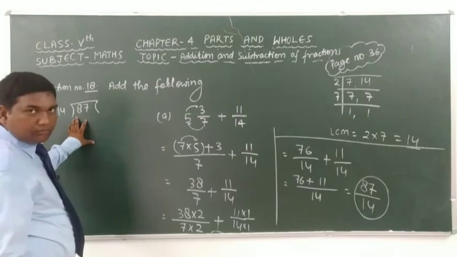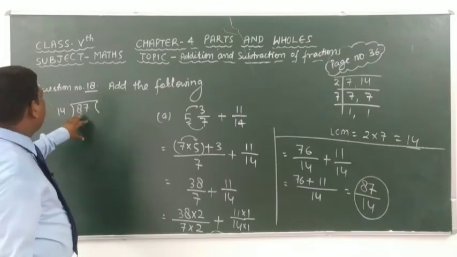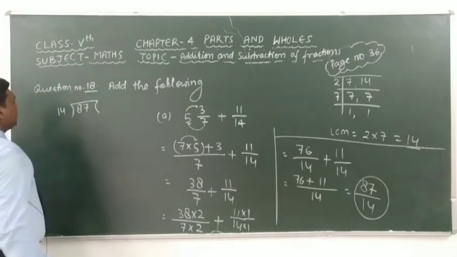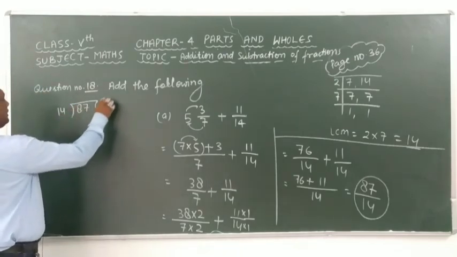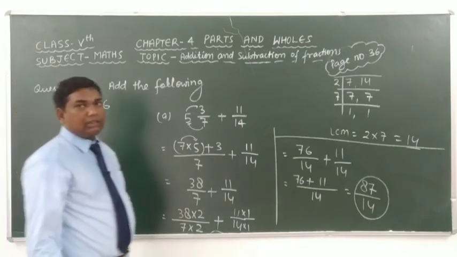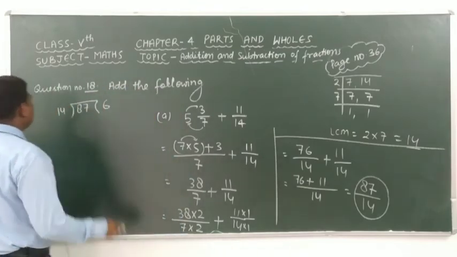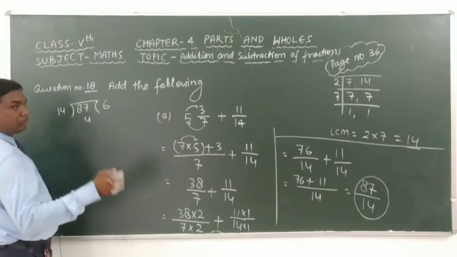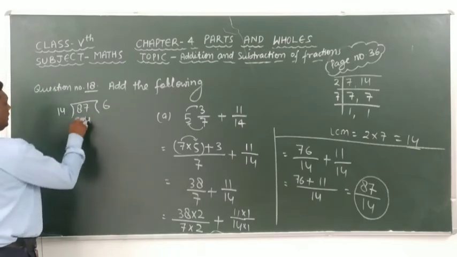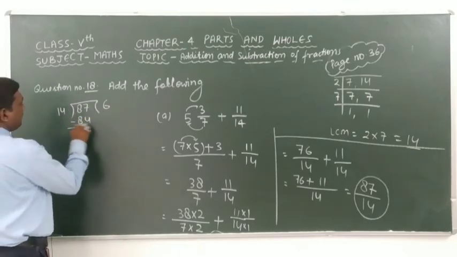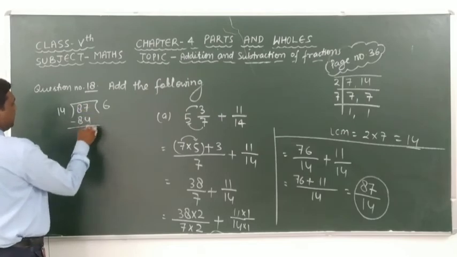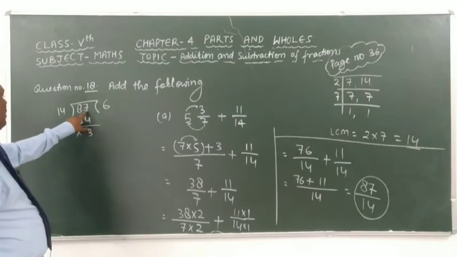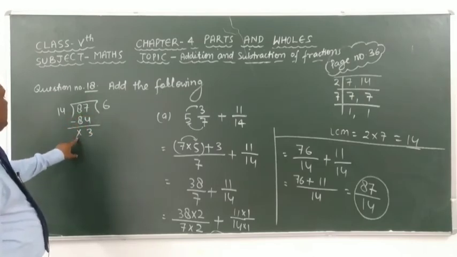Here we have to arrange a division of 87 by 14. 14 times 6, recall the table of 14: 14 times 6 is 84. Look, 6 times 4 is 24, write 4 carry 2. 6 times 1 is 6 plus 2 is 8. 14 times 6 is 84. After subtracting these we get 7 minus 4 is 3, 8 minus 8 is 0. It means they cancel out.